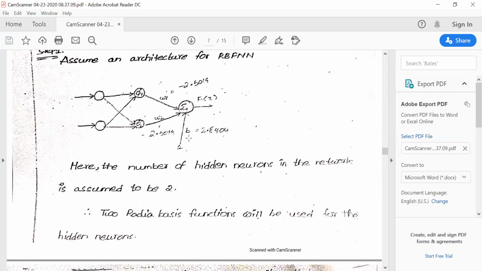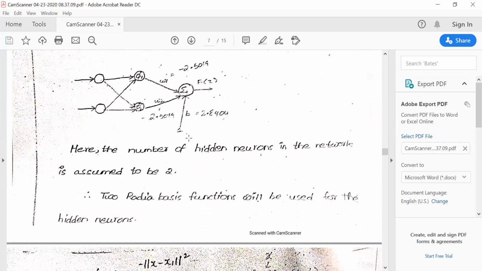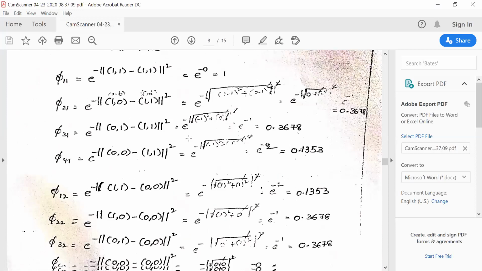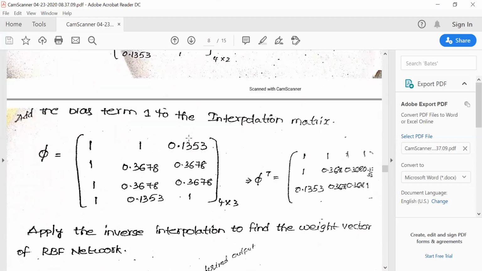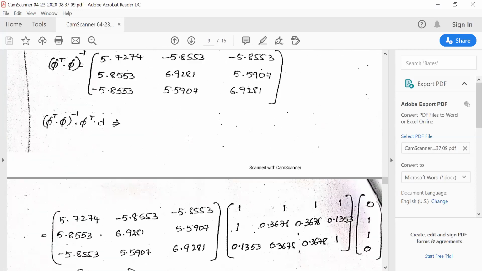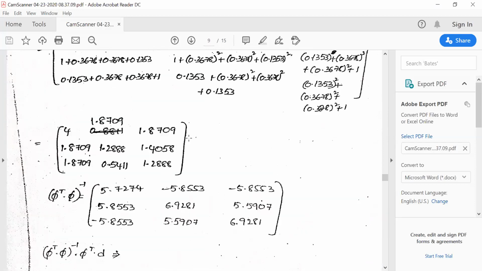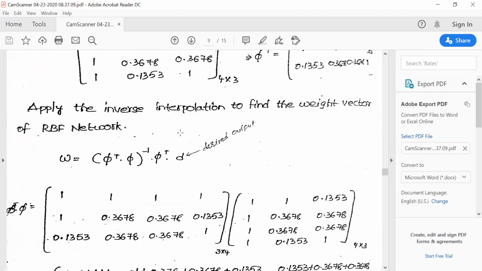So I want to find out that W1 and W2. For that, I will make use of the formula, which is represented as inverse interpolation. You need to remember this formula somehow. So W is equal to phi power t into phi whole inverse, phi power t into d.